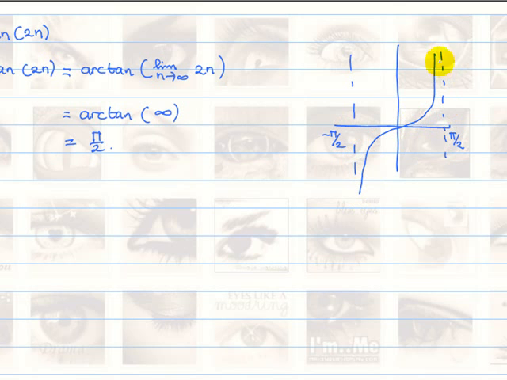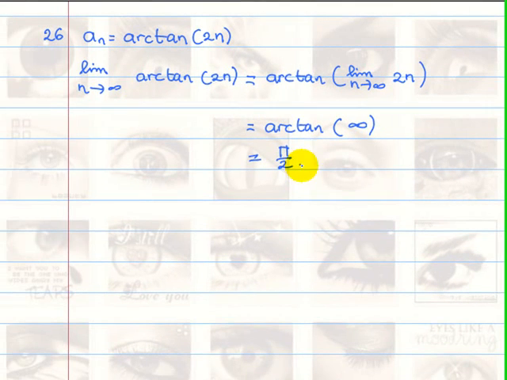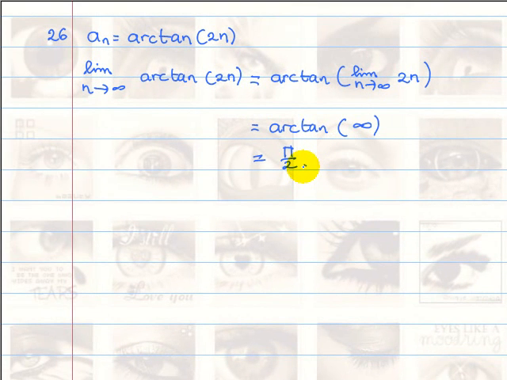By abusing the notation, we can write that tangent of pi over 2 is infinity. So then the arctan of infinity is pi over 2.